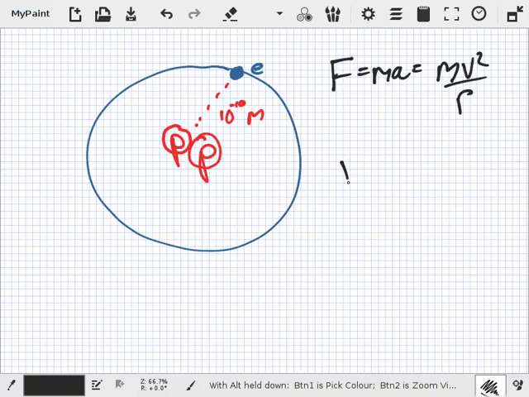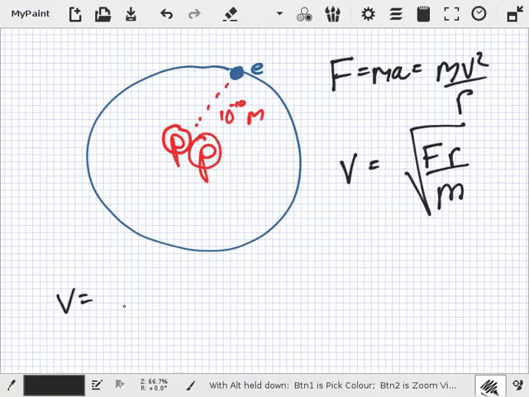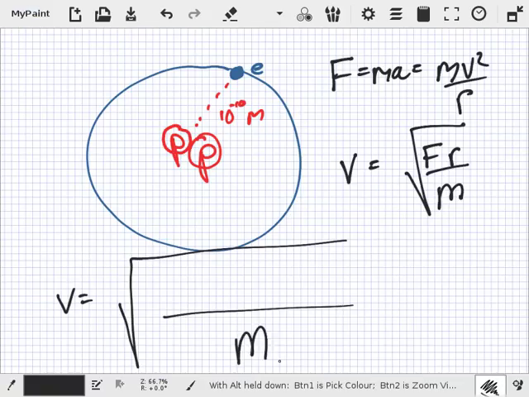So v equals the square root of F r over m. But we actually have a formula for F thanks to Mr. Coulomb, who said it's 1 over 4 pi epsilon 0 Q1 Q2 over r squared.